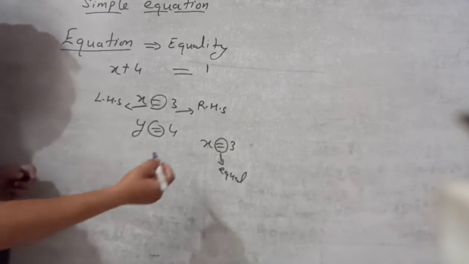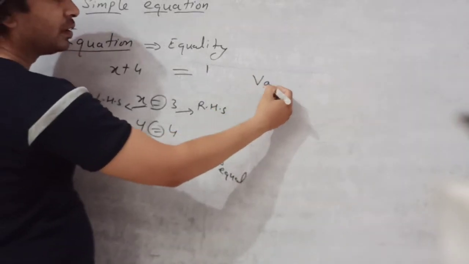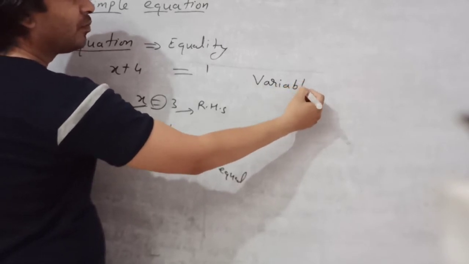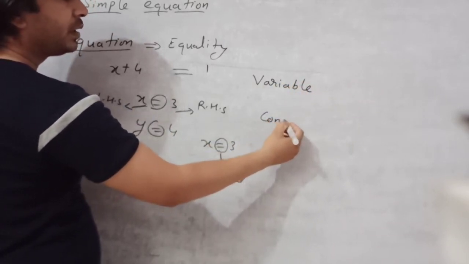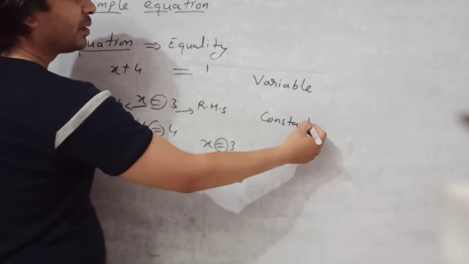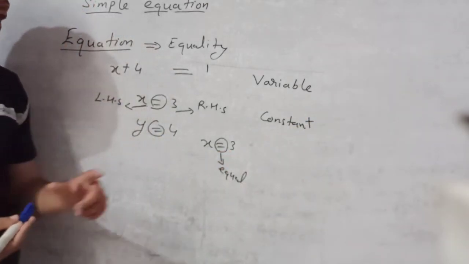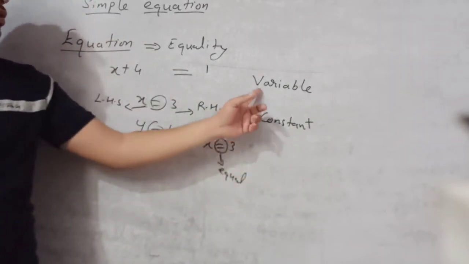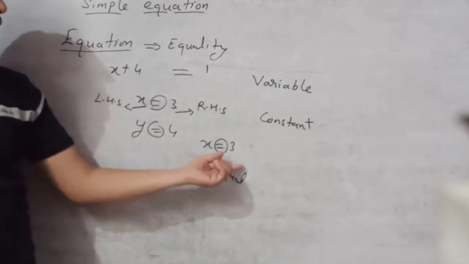Now we are talking about the variable and constant in an equation. See, here x is there, and 3 is there.